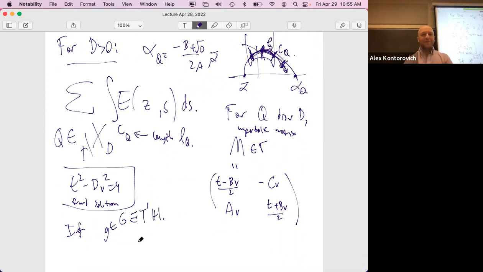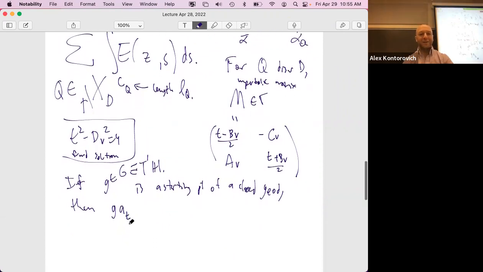If g in G is a starting point of a closed geodesic, then the geodesic flow, which is right multiplication by this A_t map, where A_t is the diagonal matrix e to the t over 2, e to the minus t over 2, when I do this at time L, so when t is equal to L, that's exactly the length of the geodesic, I get back to the original point, but an equivalent original point, and the equivalence is exactly this matrix M.